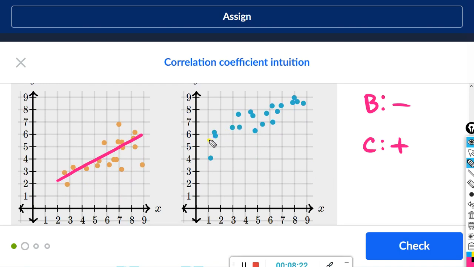And for part D, that's also going to be positive. Now, out of the two positives, which one is stronger, D or C? I'm going to say D because these dots are closer to the line. These dots are more spread out. So for D, that's going to be the stronger one.